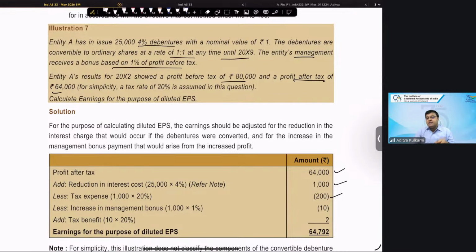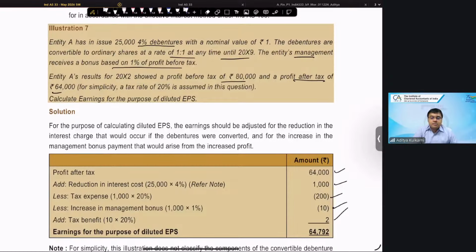So can I say management remuneration also will go up? Yes, sir. So the increase in management bonus will be an expense for the company. So minus 10. And because you are increasing the bonus, can I say that you are going to get a tax benefit also? Yes, sir. So therefore, when I do all these additions, 64,792 will be the profits that you will consider for the purposes of diluted EPS. Are we okay with this? Yes, sir.